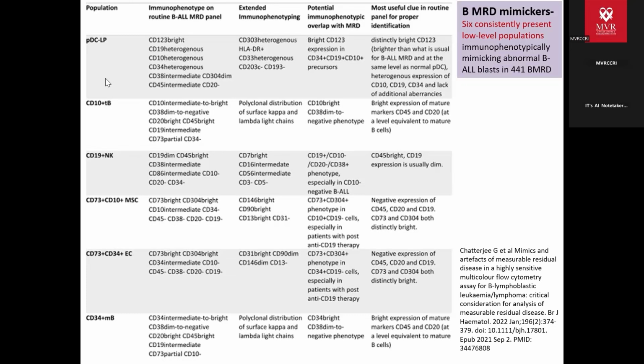How? Because what we are doing for MRD calculation is using the number of MRD events out of the total viable events. Any dot that I see in my flow plot is an event, a cell. Normally I will include all those dots, but some of the dots may be debris, that is non-nucleated cells, RBCs. Some of them may be non-viable cells.